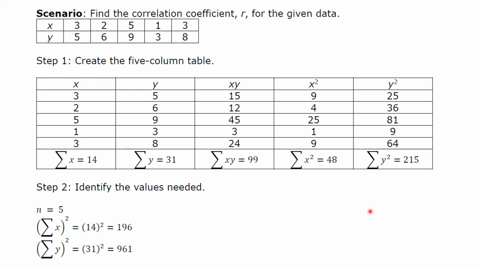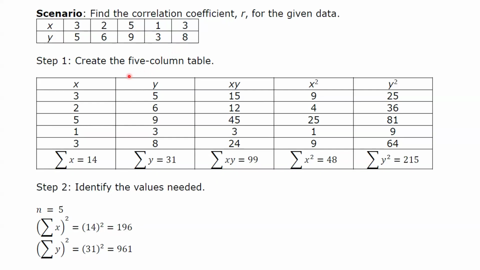All right, let's use the sample data we have had before. We have our x values: 3, 2, 5, 1, and 3, and y values: 5, 6, 9, 3, and 8. We're asked to find the correlation coefficient r. Step 1 is to create the 5-column table.